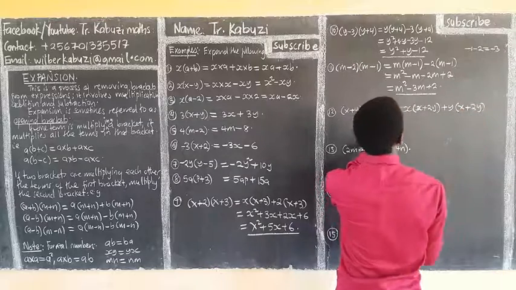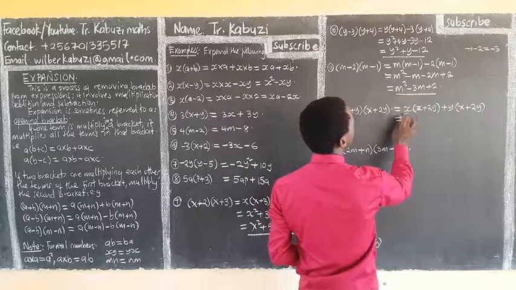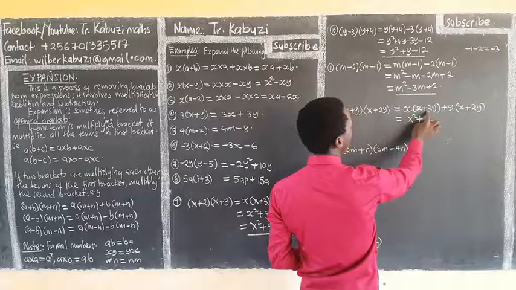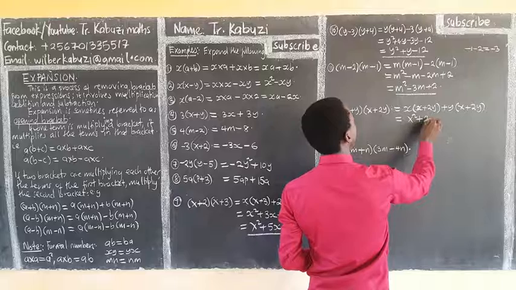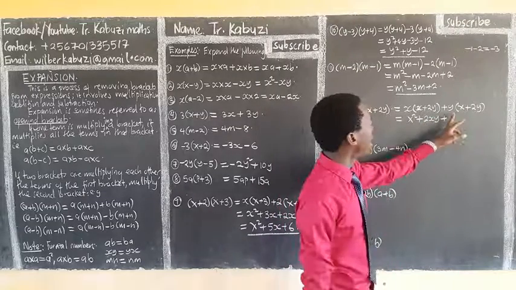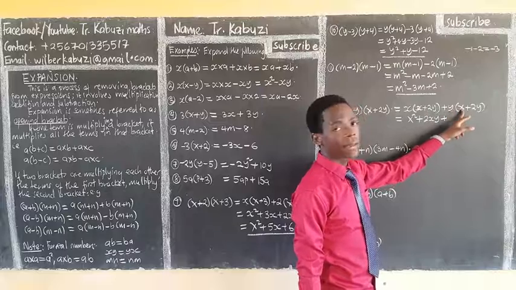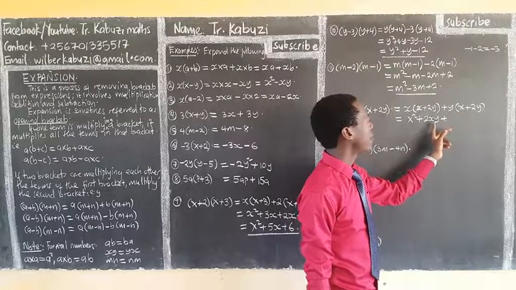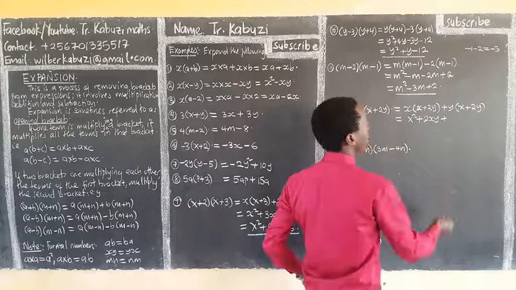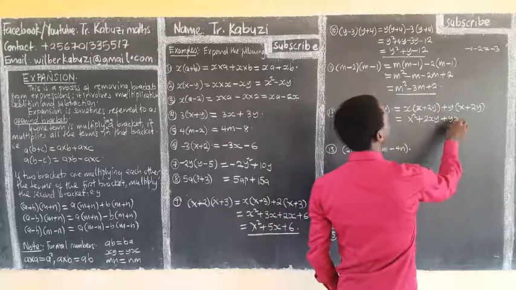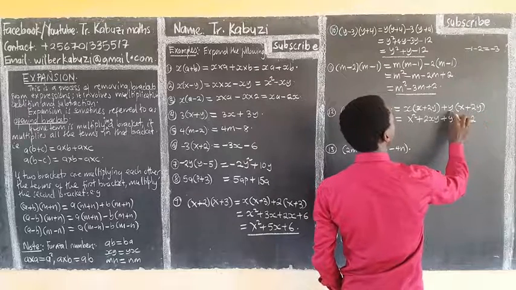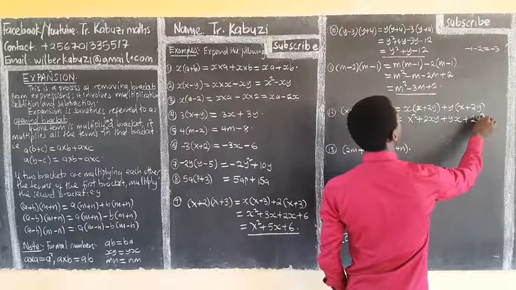We multiply still. x times x, we get x squared, plus x times 2y, we get 2xy. Then plus y times x, we get yx. Then plus y times 2y, we get 2y squared.